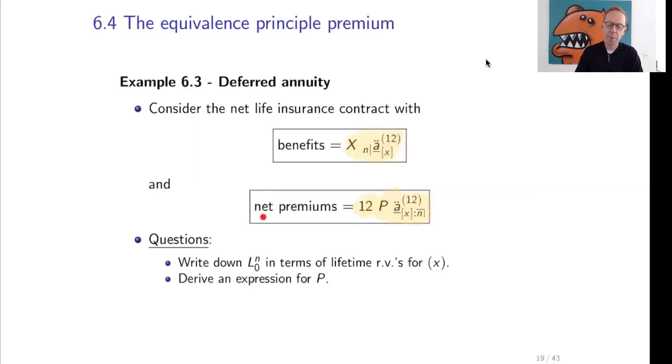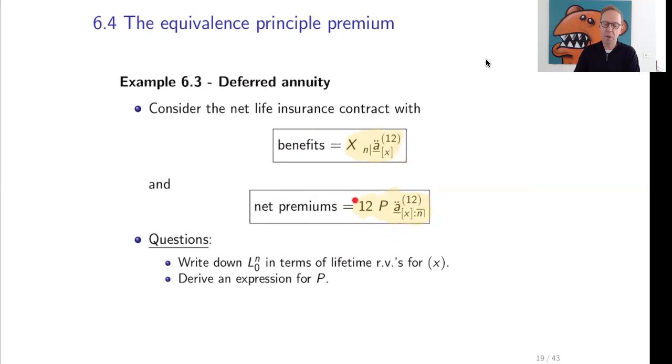And then there are also premiums paid. The pension starts at age x plus n, but premiums are only paid until age x plus n. So let's say age x plus n is retirement age. We pay premiums until retirement age, and then we receive the benefits, the pension, from pension age on. What are the premium payments?